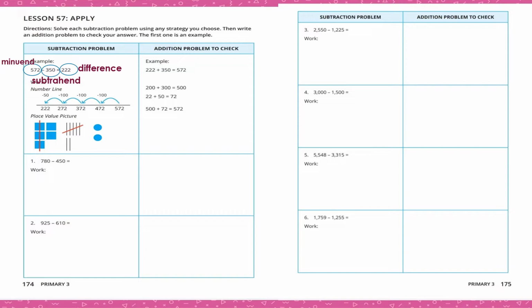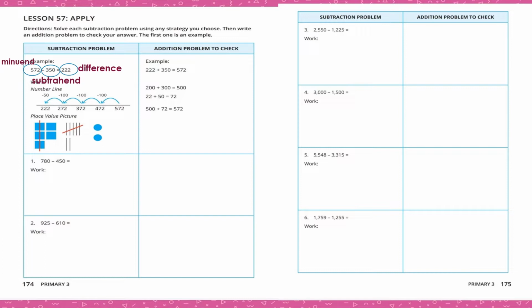And the second number is called the subtrahend. Subtrahend. And the result is called the difference. Difference. Okay? Like the multiplication operation, factor times factor equals product. Like the division operation, dividend, divisor, quotient.